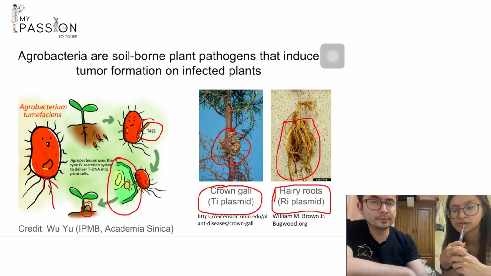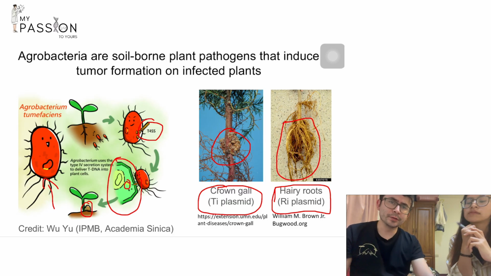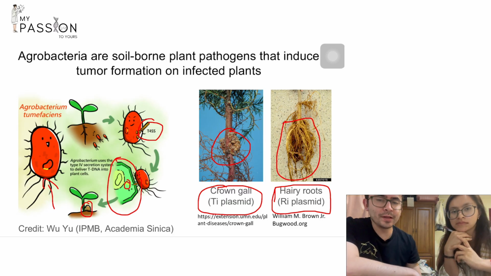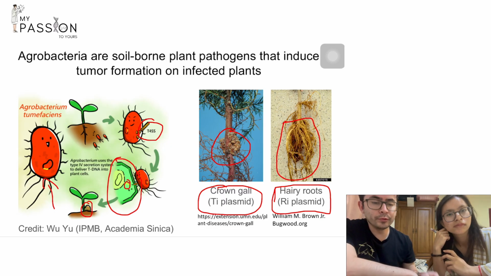So can it also depend on the type of plant that they infect? So in terms of what we call host, type of host, that really depends on the bacteria. Not all the bacteria have the same host, and there are different bacteria that produce both phenotypes in different hosts.